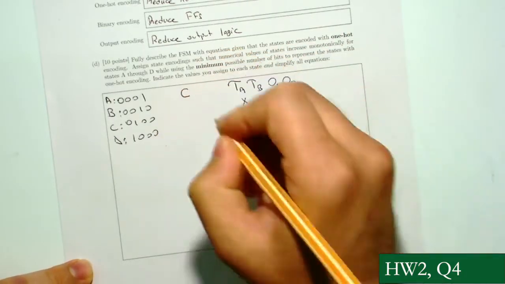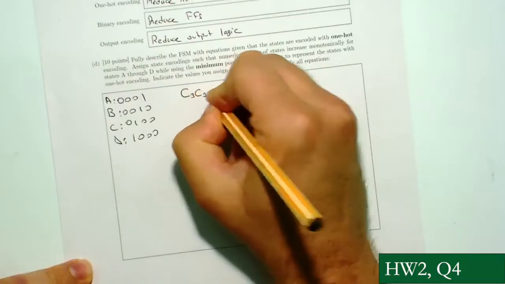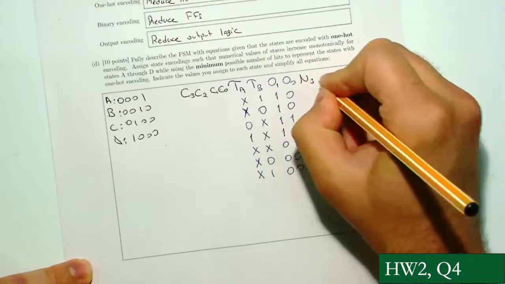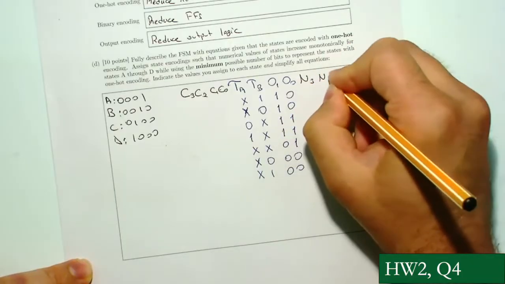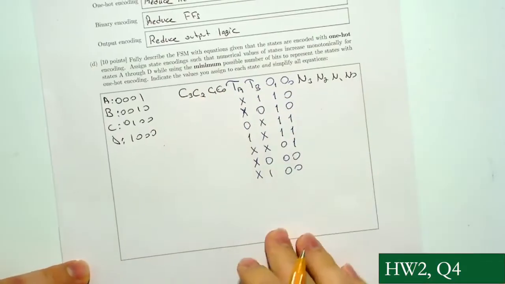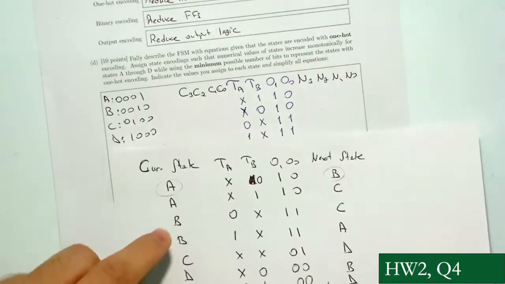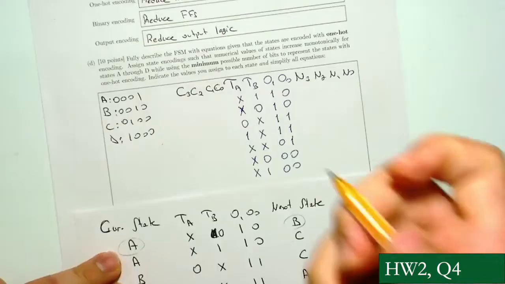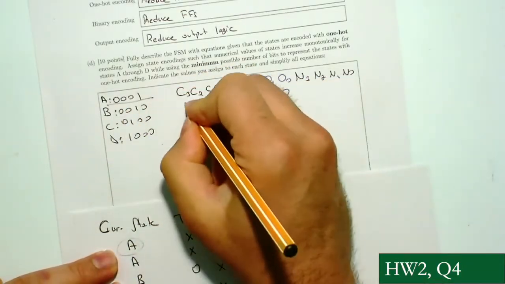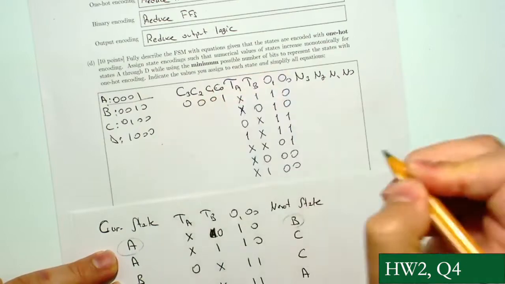So I'm going to represent the current state as C3, C2, C1, C0, and the next states as N3, N2, N1, and N0. If you remember, those two rows are A. So I'm going to write the way that I represent A here, which is this.